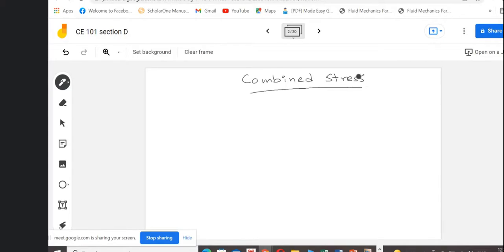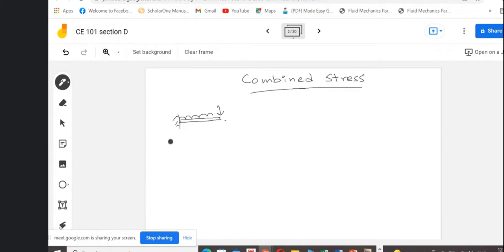So earlier we have seen that when a beam is subjected to some load, maybe a point load or UDL or any sort of loading, this load tends to deflect the beam section, and due to that deflection or bending, some stresses get generated in the beam.